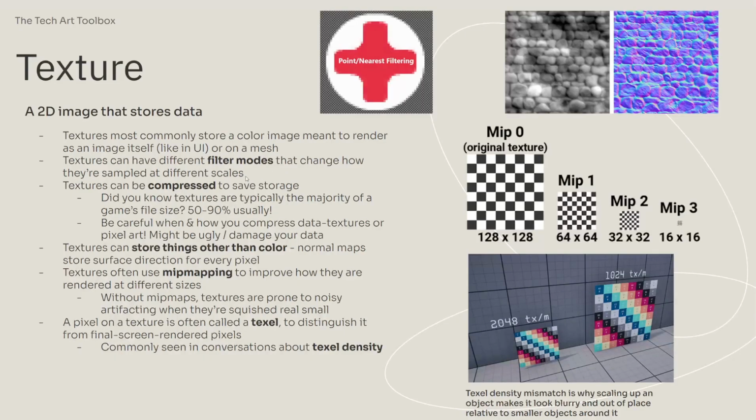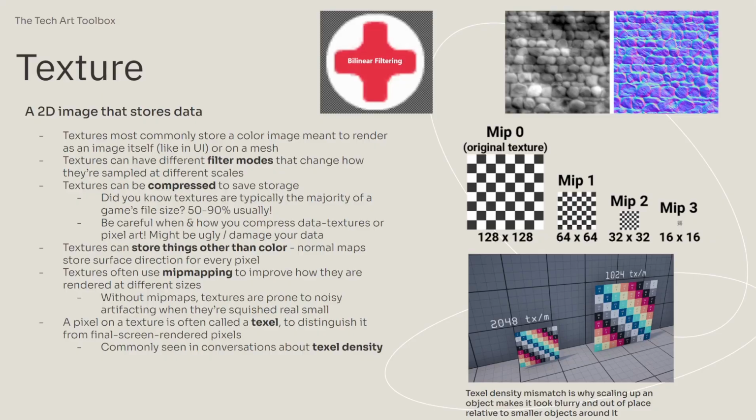Textures can also be compressed to save storage. This also might have messed with your pixel art if you worked in Unity in 2018. Compression is very important, partly because textures take up a huge amount of game space. You might not realize, but in most modern AAA games over 50% of the file size is textures, because textures increase in memory footprint pretty fast. If you double the size of a texture, you're actually quadrupling its memory footprint.